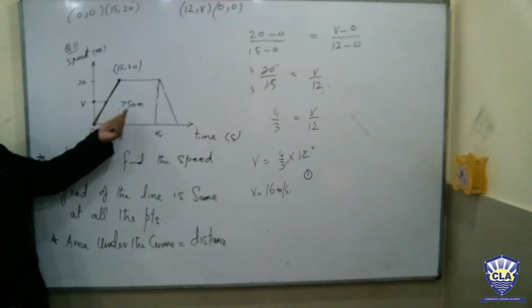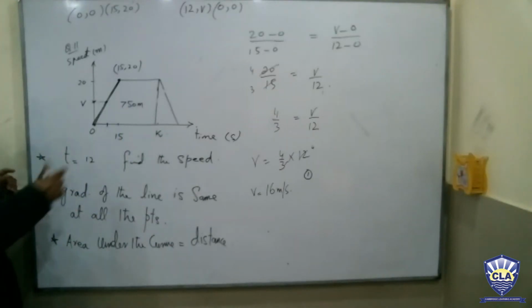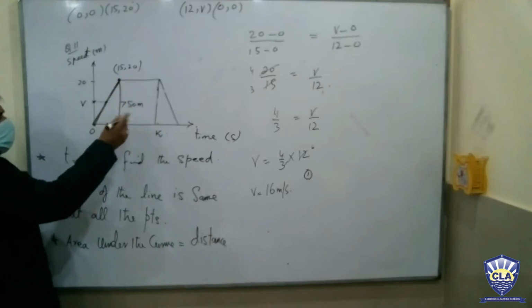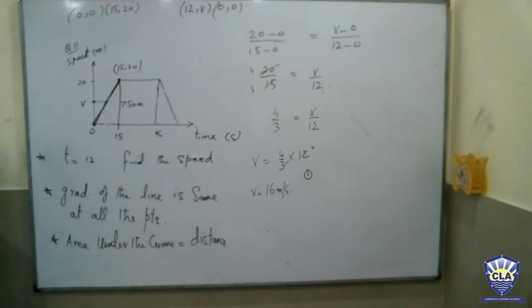How can we find this area? What is this shape? We can't join it into one shape, so we make a rectangle and a triangle.